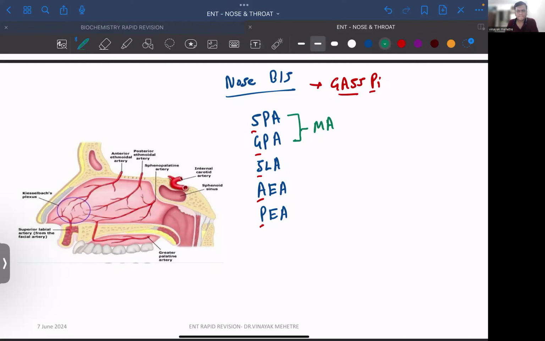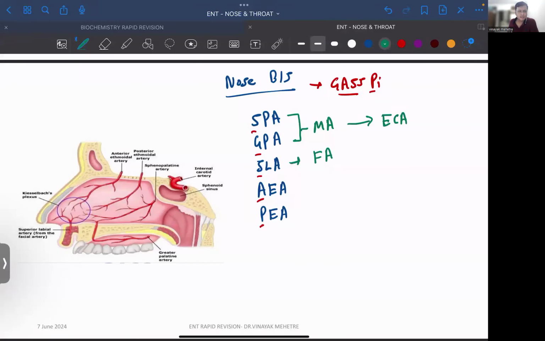It is the branch of external carotid artery. Superior labial artery is the branch of, what do you think? That is facial artery.